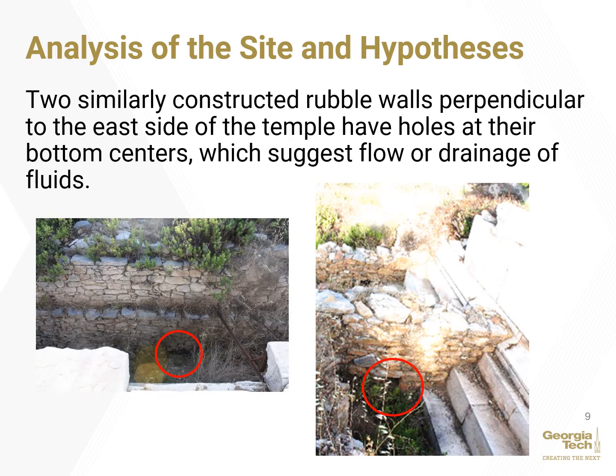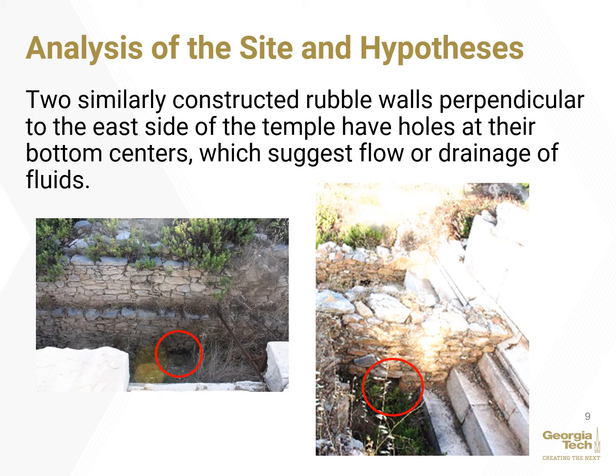So we wondered if maybe that is a later solution when there were issues that was observed. And then the rubble walls on the other side, perpendicular to the temple, have very similar construction style to the retaining wall. So at an initial glance, it could have been thought that they are contemporary, but again, architecturally they do not make a lot of sense.